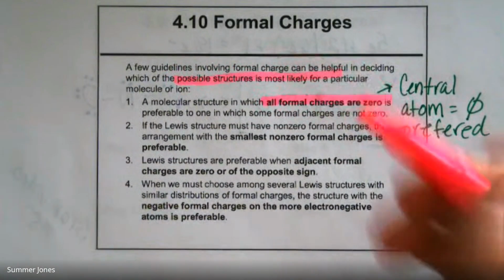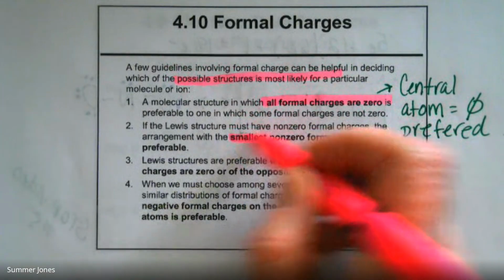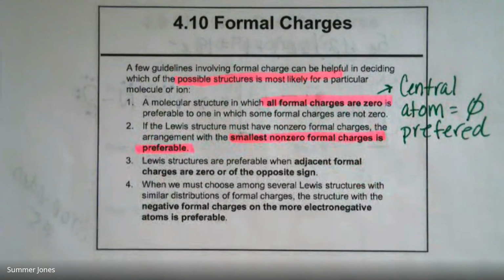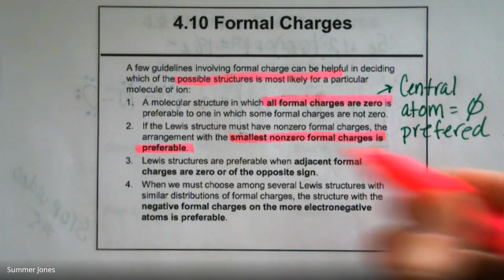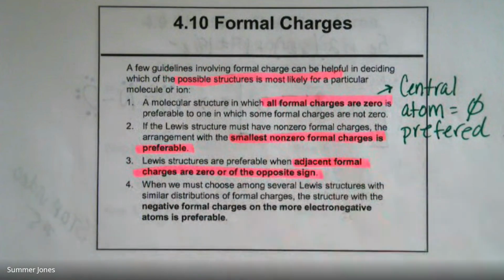We're also looking if some of the smallest non-zero formal charges are present, that is a preferred structure. And if adjacent formal charges are 0 or opposite signs, that is also a preferred structure.